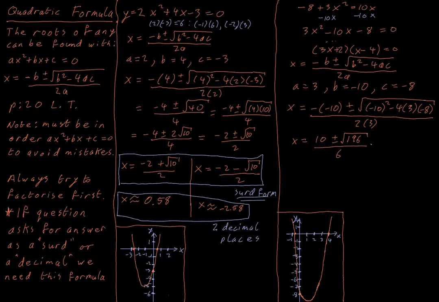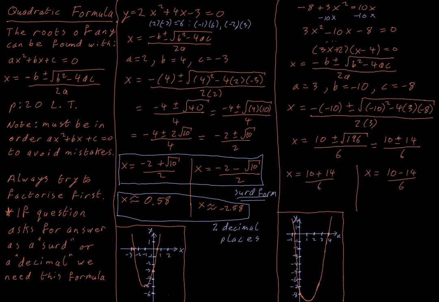When I've done that, I can now get the square root of 196, and in this case, it actually works out to a nice number. I don't end up with awkward decimals this time like root 10, or surds I should say. I end up with 14. Square root of 196 is 14. So now I can break up my x into my two different possibilities.